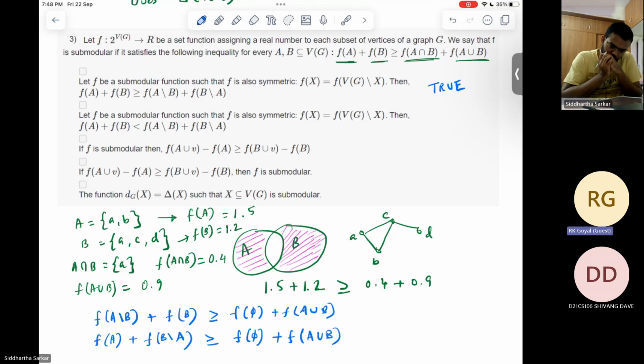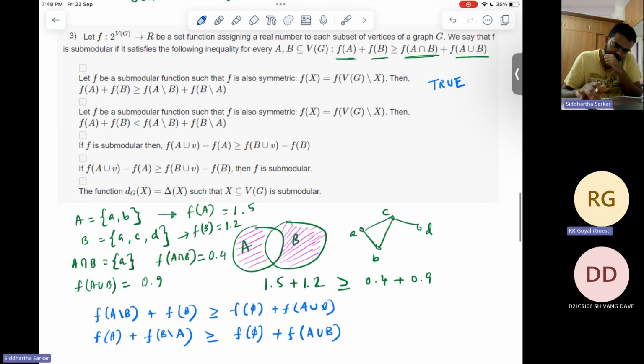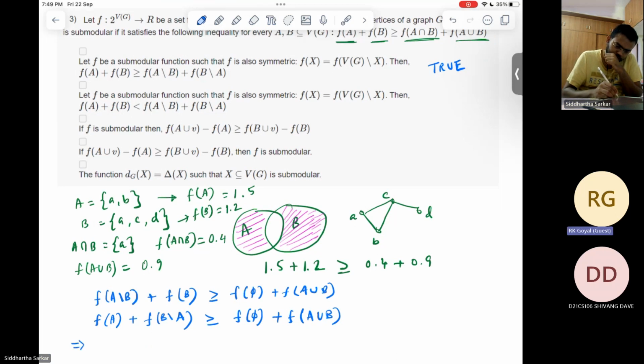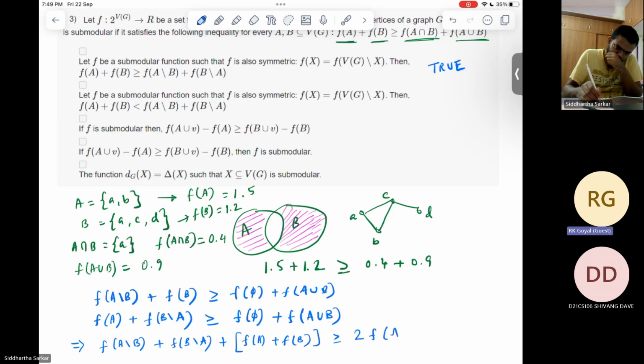Now if I take the addition of both the inequalities, then I will get f of a plus f of b, plus f of a plus f of b, greater than or equal to twice f of a union b.